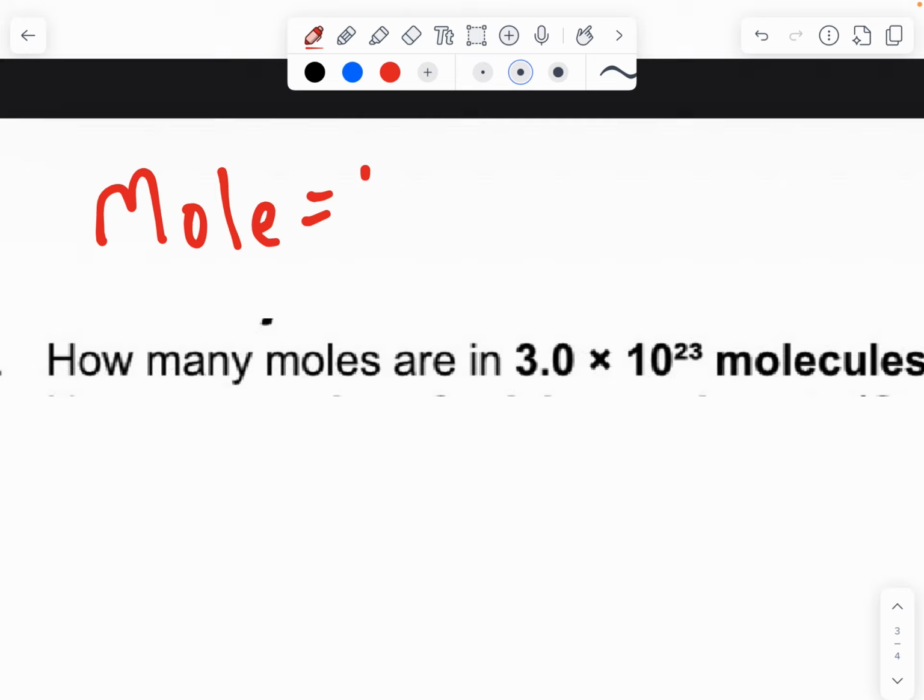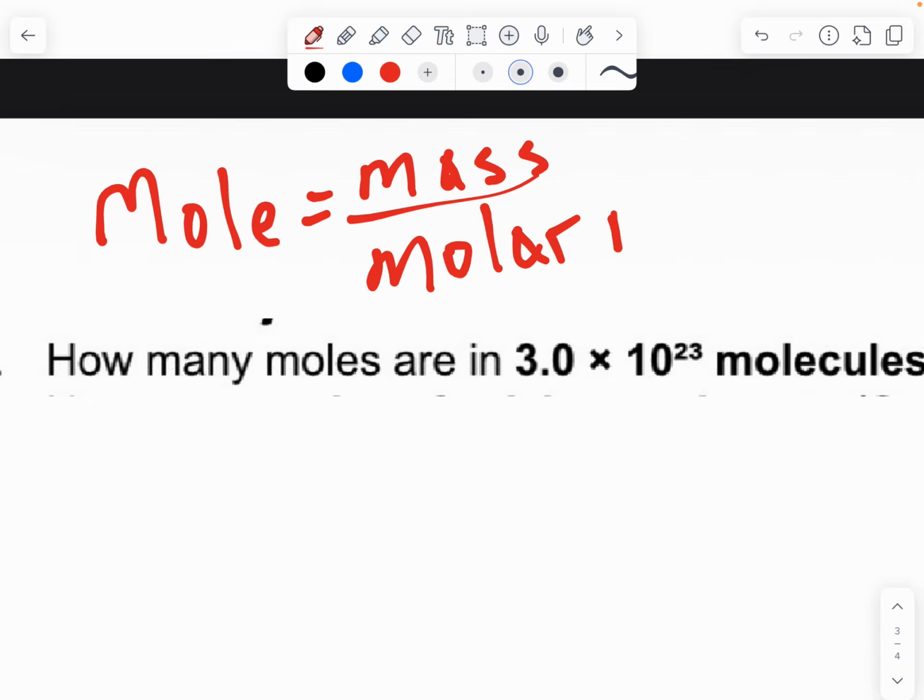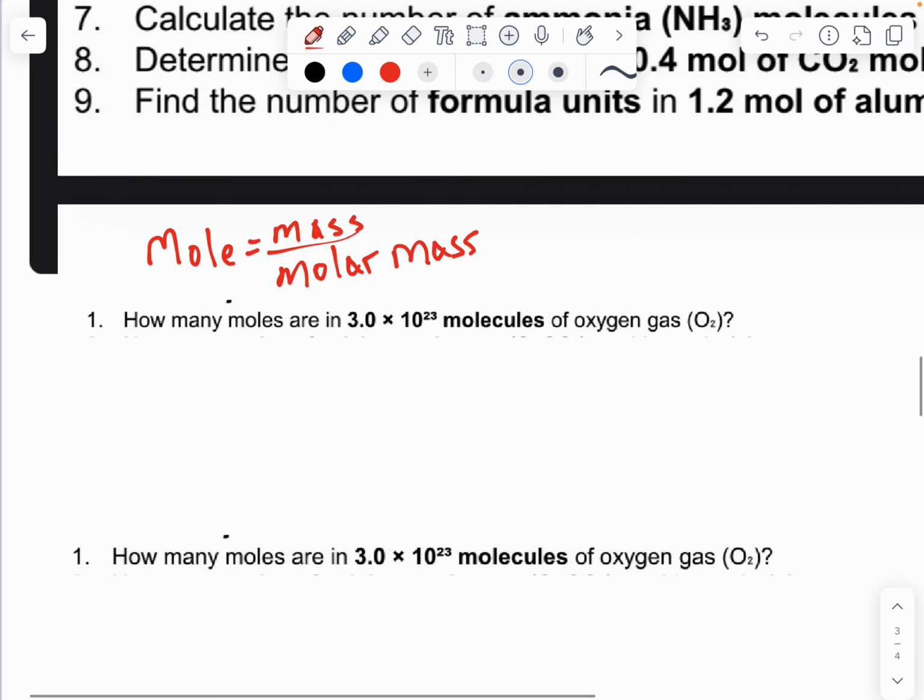We cannot use it because in this question we were not given any mass. Yes, we could solve for the molar mass using O2, but there was no mass given. So we cannot use this mole equation.